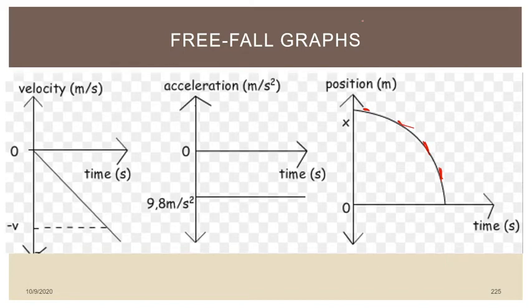Now, it's important to note, in this particular image, they're showing the initial position of the object as being some positive number and the ground as being 0. Usually I make the initial position 0, and that will just be located wherever the object is, and whatever else is underneath that will be negative position territory.